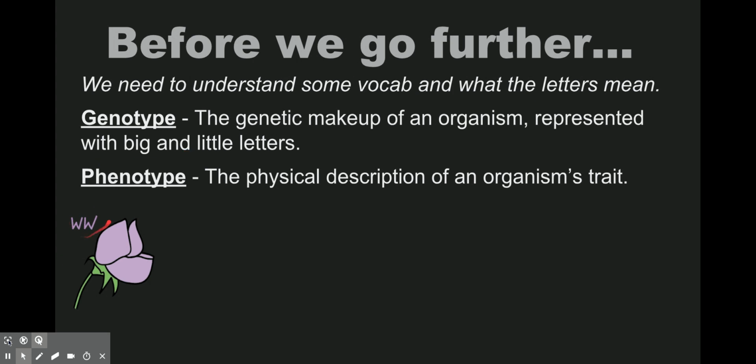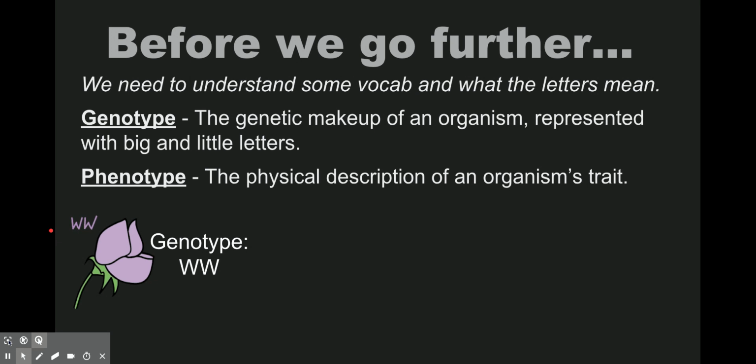Now, this one's a little bit weird. It's a W, so it's hard to tell if it's a big or little W without reference to anything. So I'm just going to tell you that it is a big W. So if we're talking about what is the genotype and phenotype of this flower, the genotype is going to be big W, big W. Now, we could say this capital W, or uppercase W, but that's so many more syllables that you have to say.